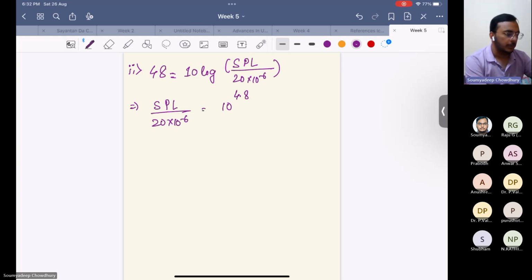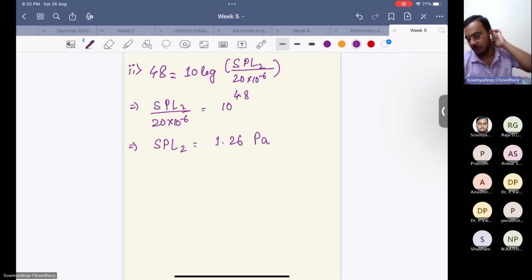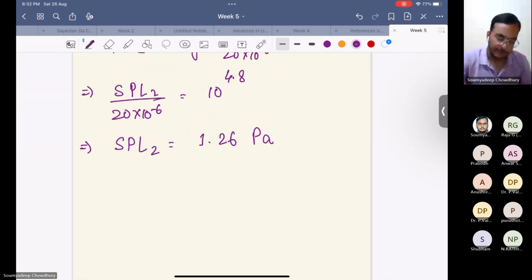It will be 63095. No, it is 1.26 pascals. No, sir. The anti-log of 4.8. Yeah, right. Okay. So SPL corresponding to 48 dB, I'm representing by SPL2, and that is 1.26 pascals, right?